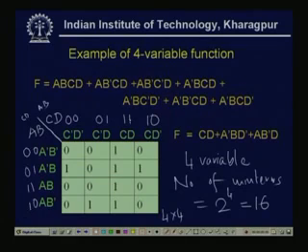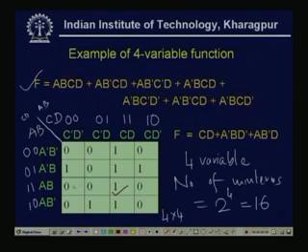Now, for all the min terms, because these are the 7 min terms that exist in the function f, we put 1. One by one we see how we are giving them. For a, b, c, d, this is the third row and third column, so this is my term a, b, c, d.